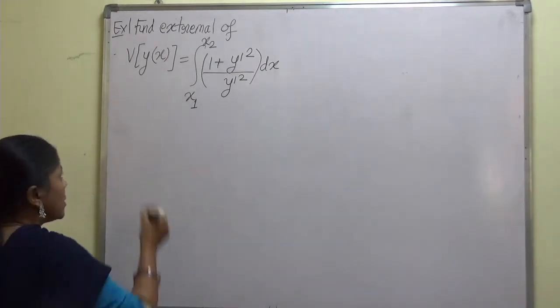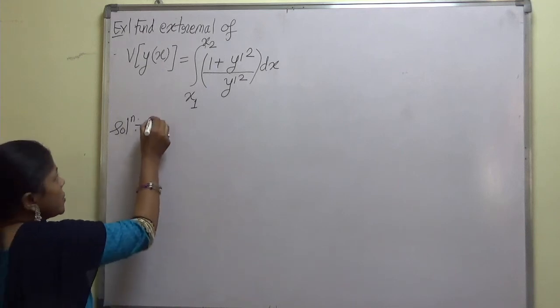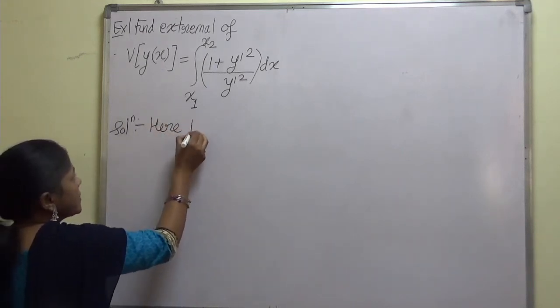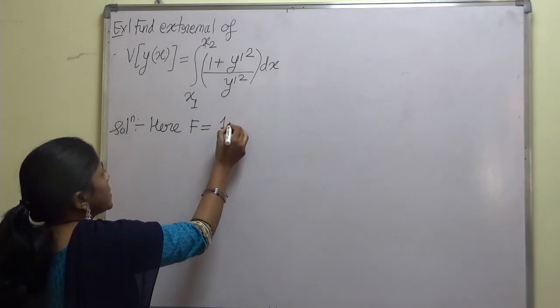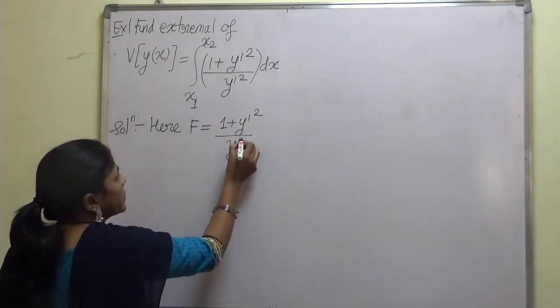Okay. Now, the solution, again find out f. So here f is 1 plus y dash square upon y dash square.